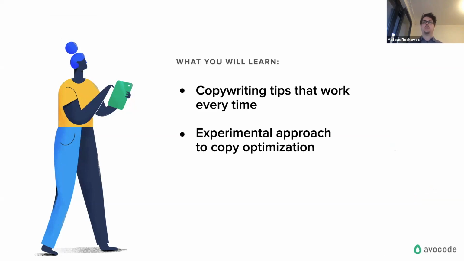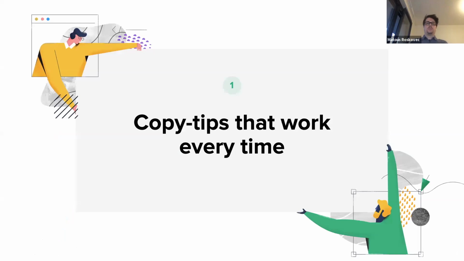Then I'll be talking about this experimental approach to copy optimization: how you can make sure that what you've written is working and can be improved. So let's start with the best practices of digital copywriting, to be exact, because we're not going to be talking about copywriting in general. We're just going to be talking about digital copy, be it web copy or UI copy.